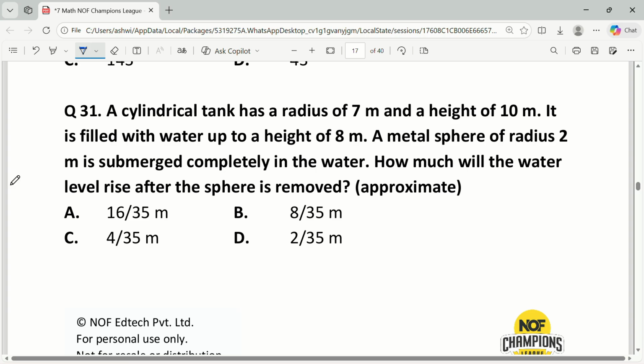A cylindrical tank has a radius of 7 meters and a height of 10 meters. It is filled with water up to a height of 8 meters. A metal sphere of radius 2 meters is submerged completely in the water. How much will the water level rise after the sphere is removed?